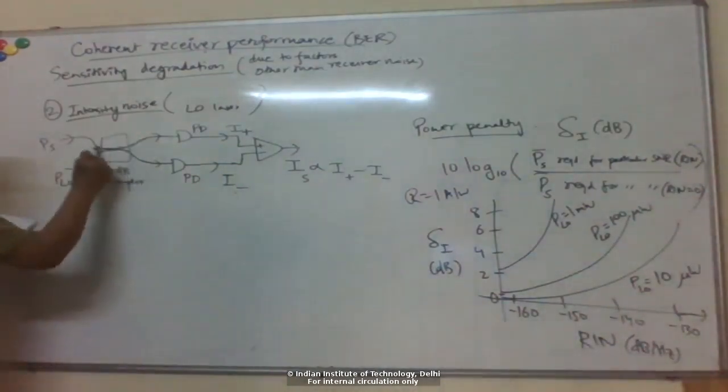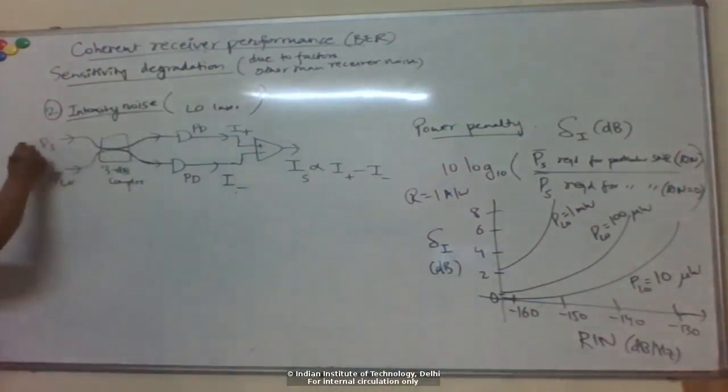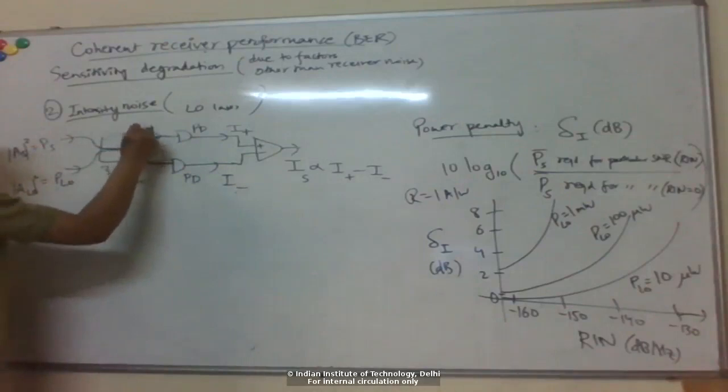There are actually phase shifts, so the fields here add up with some phase shifts, right? So for example, if this has some amplitude A, so mod A squared is the signal power, and this has some amplitude A_LO, right? In one of the ports, the fields add up in phase, right?